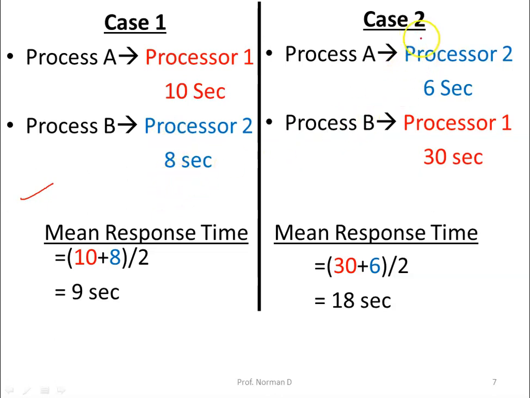Whereas in case 2, when we interchanged them, we executed process A on processor 2, which gives us a response time of 6 seconds, and process B on processor 1, which gave us a response time of 30 seconds. So now we calculate the mean response time. In case 1, the mean response time is 9 seconds, and in case 2, the mean response time is 18 seconds. So obviously case 1 is a better option.